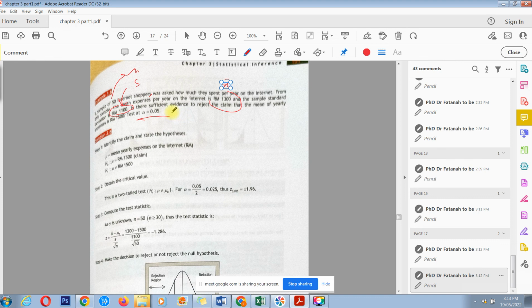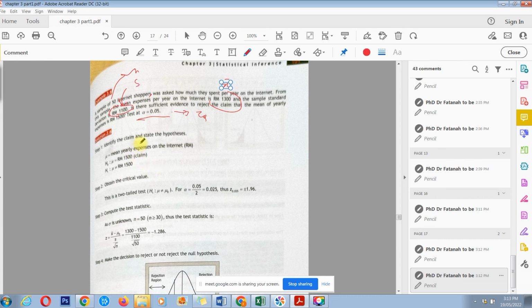Okay, why do we need to identify the claim first? Because we need to differentiate whether the claim is left hand side, right hand side, or two tail.